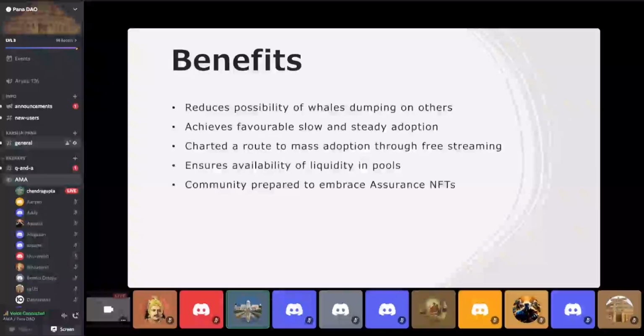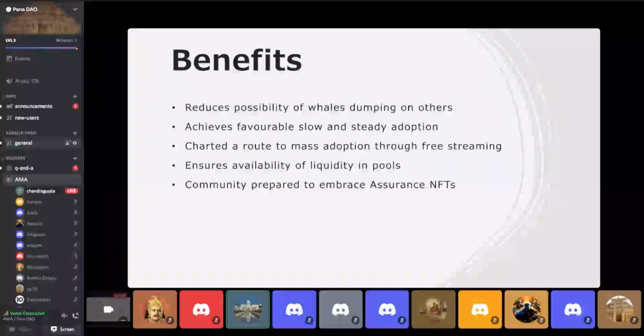Coming on to the benefits of this launch methodology, as I've already discussed, by not going down the route that other protocols took, we have reduced the possibility of whales accumulating huge amounts of tokens during an initial offering, or when the token is cheap, or during the initial phases when it is widely available and also cheaply available.